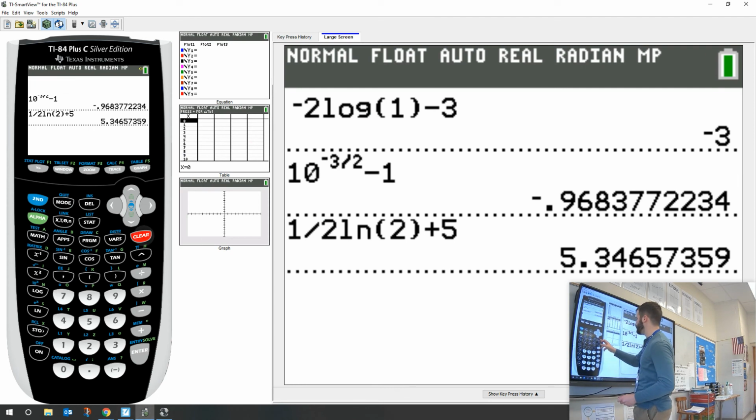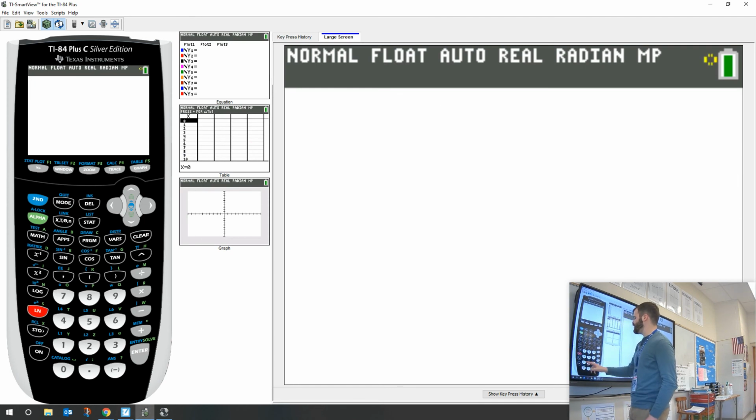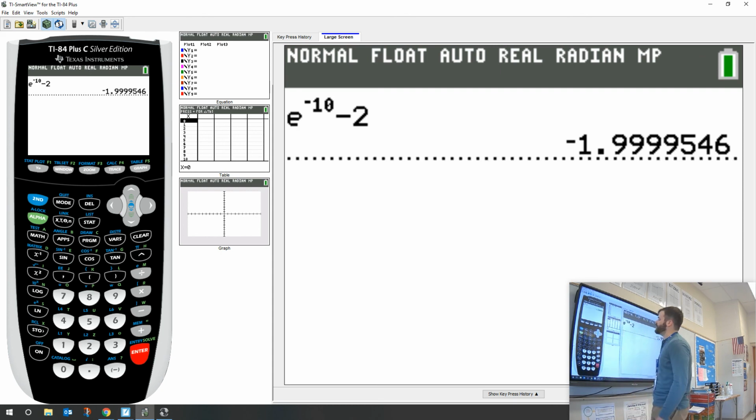All right, so we're going to pull up my calculator. I'm going to go second e to the negative 10, not plus, minus 2. Hit enter, and we're going to get negative 1.9999999, so on and so forth. So as you can see here, if I were to round to this third decimal place, that would make a 10, and we would have to keep carrying that 1.